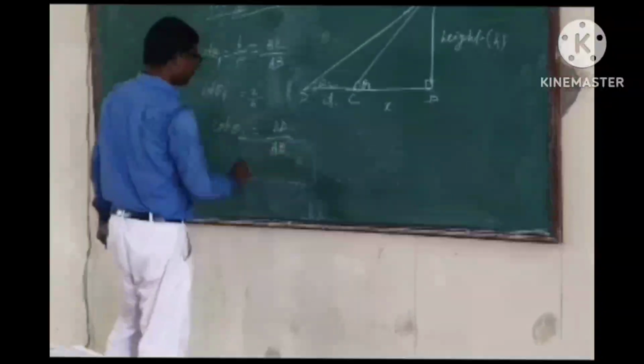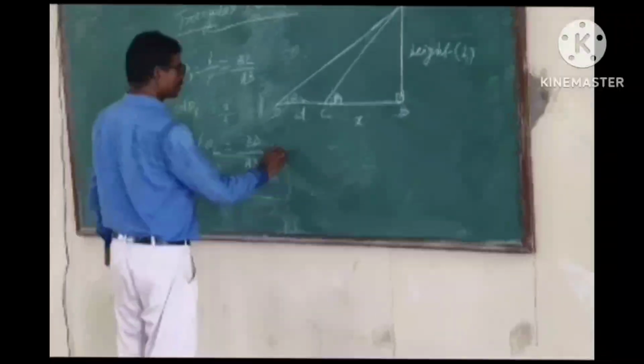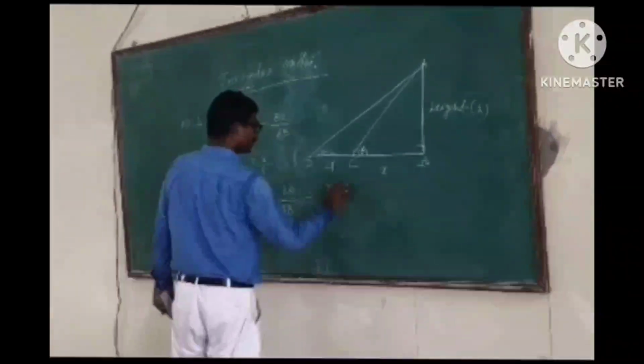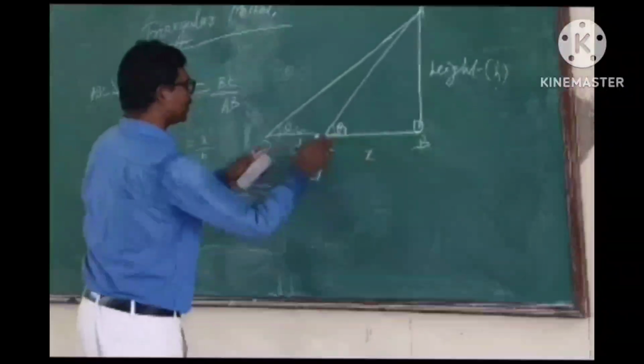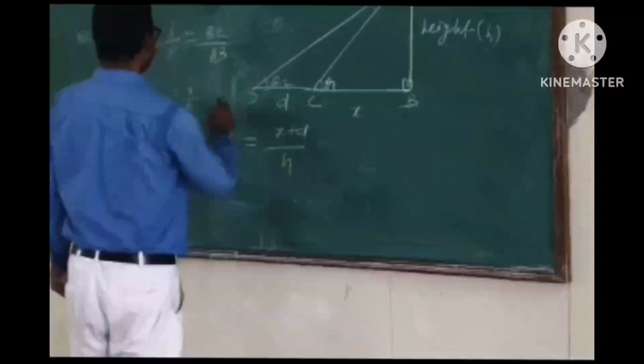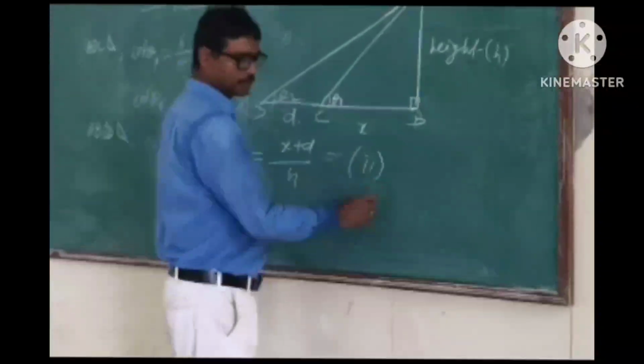Yes, base by perpendicular. So BD is equal to BC plus CD, so it is X plus D. The first one is equation 1 and the second is equation 2.